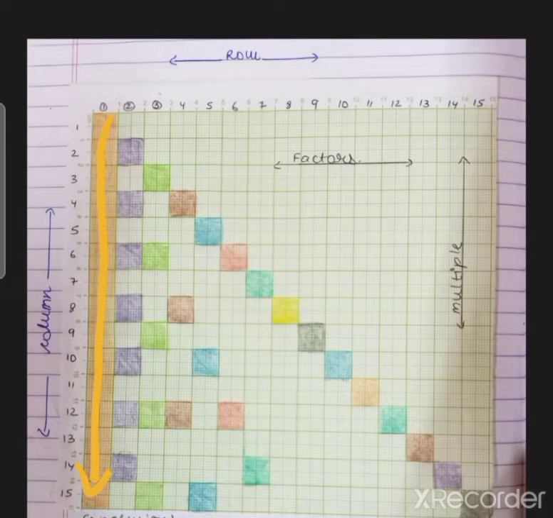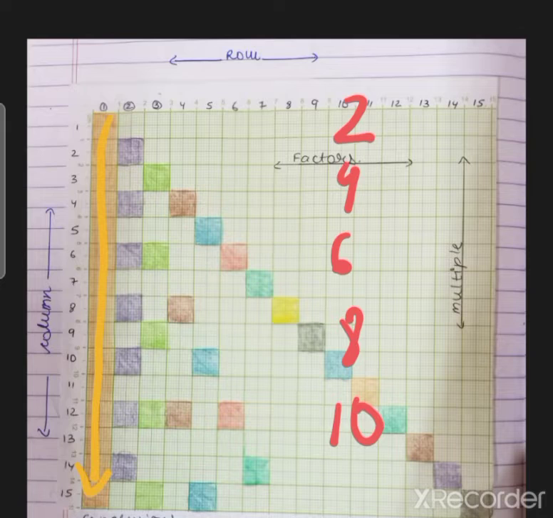Now let's come to the 2 table. In the second table, please look. We all know the second table. It is 2, 4, 6, 8 and 10. Now similarly we have to color the 2 part.